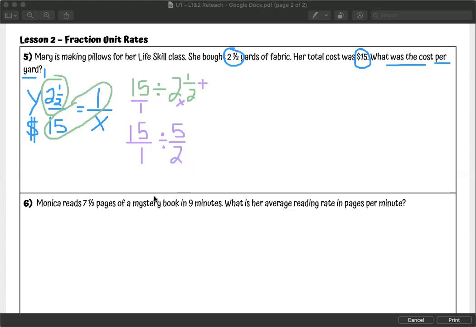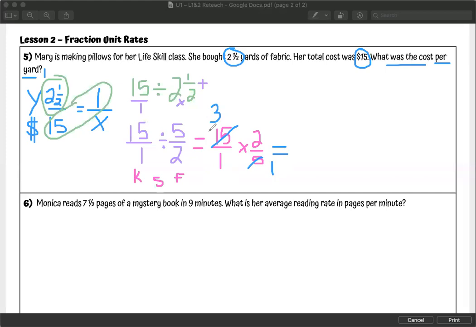Now, when we divide, we keep it, switch it, flip it. So we're keeping our first number as 15 over 1, switching it from division to multiplication, flipping it from 5 over 2 to 2 over 5. Before I actually solve here, I'm going to check my diagonals. 15 and 5 divided by 5. 5 divided by 5 is 1. 15 divided by 5 is 3.